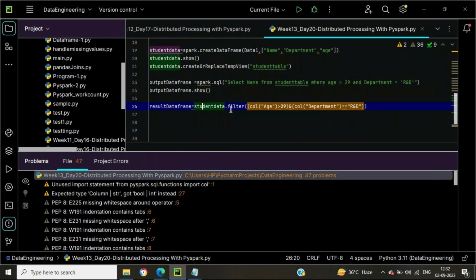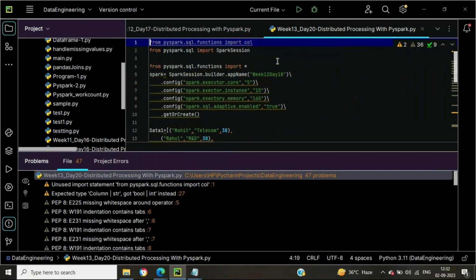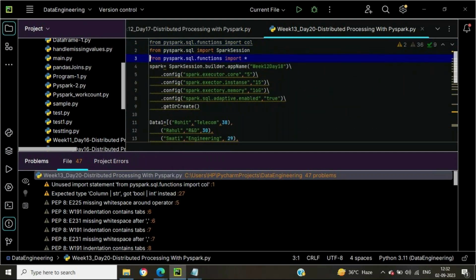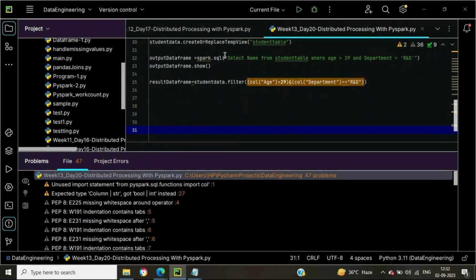So student data dot filter column age is greater than 29 and column department equal to R&D, and we are moving it to the result data frame. Col has been imported, that is fine. Okay, and result data frame dot show.